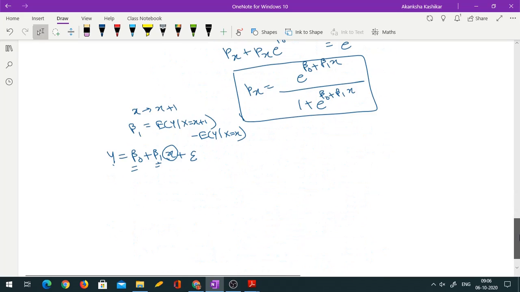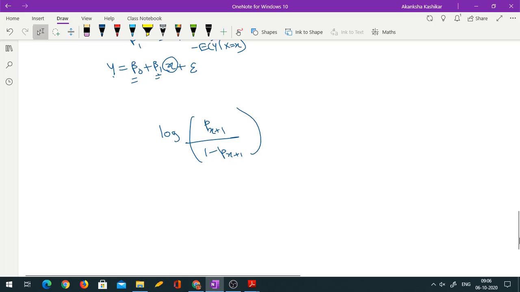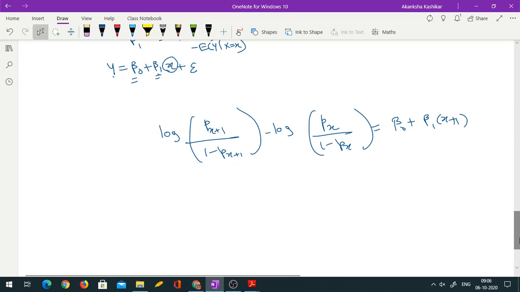So if I have log of p(x plus 1) upon 1 minus p(x plus 1) minus log of p(x) upon 1 minus p(x), that we know would be beta naught plus beta 1 (x plus 1) minus beta naught plus beta 1 x. Okay, I am simply substituting the formula for log of p(x) upon 1 minus p(x), nothing else.